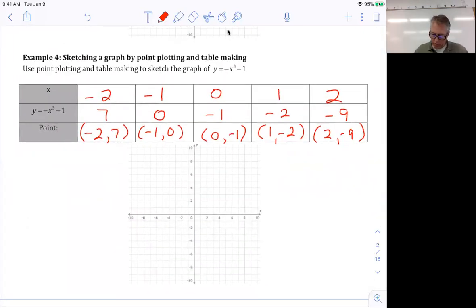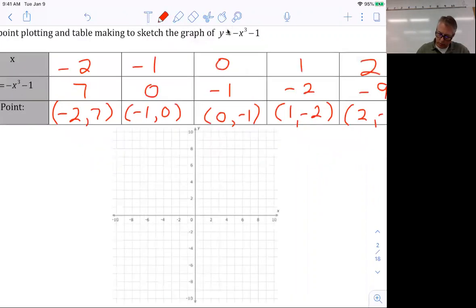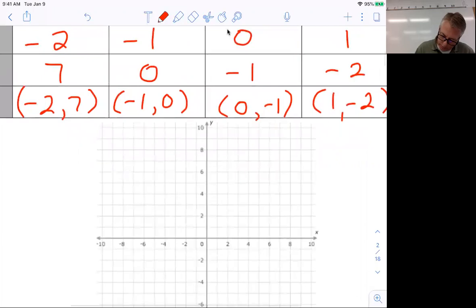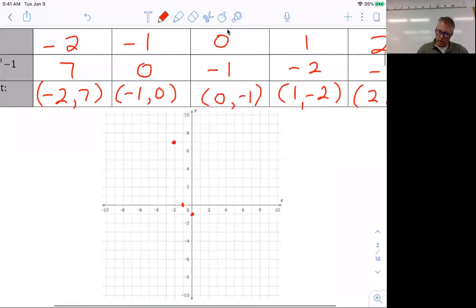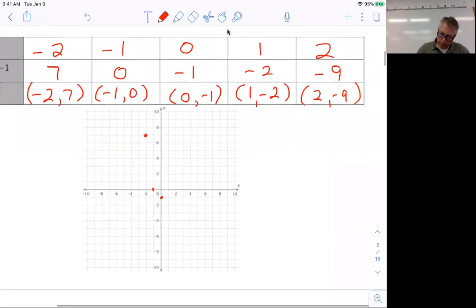So I think we should have enough to get a pretty good idea of what this graph looks like. So let me take a look here. Negative 2, 7, that's going to be up here. And negative 1, 0. And 0, negative 1.